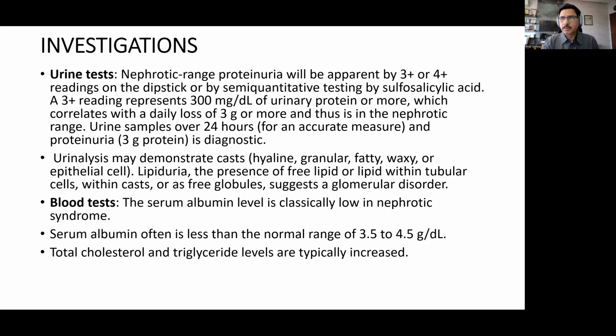First, we'll go for urine examination. Generally, proteinuria would be 3 plus or 4 plus on dipstick method or by semi-quantitative testing with sulfosalicylic acid. A 3 plus reading represents 300 milligrams per deciliter of urine protein, which correlates to a daily loss of 3 grams or more of protein, which is nephrotic range.